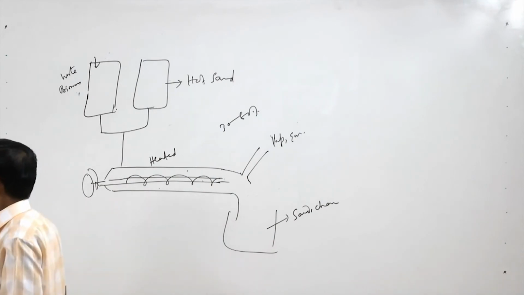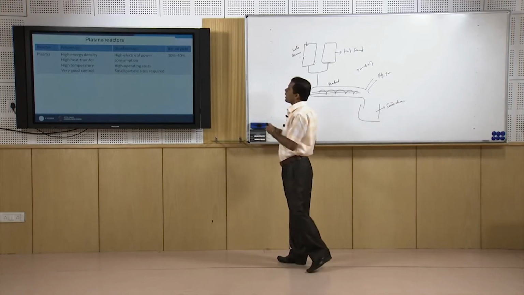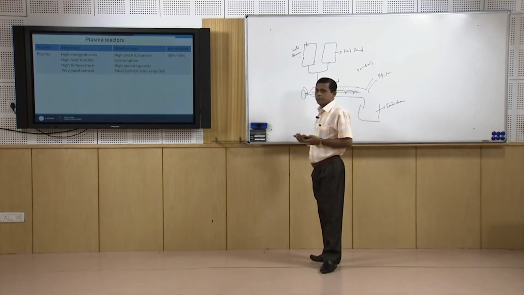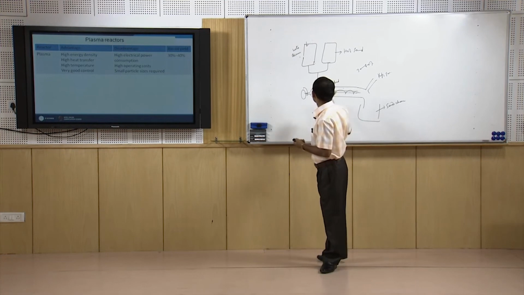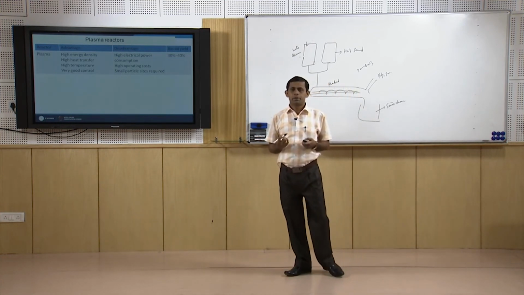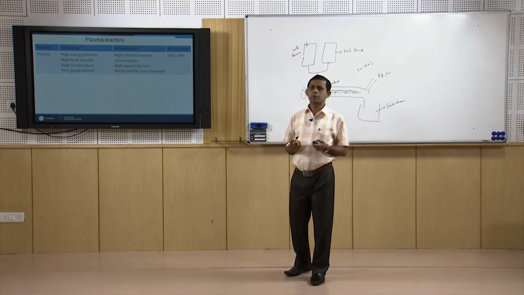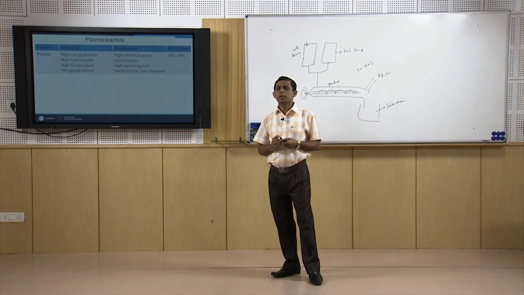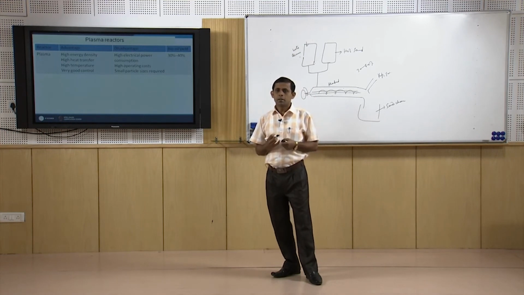Next we will go on to plasma reactors. After the ablative, rotary cone and screw reactors, people are trying to develop new types of reactors which may be more efficient, and just like plasma gasification, a plasma pyrolyzer is also being attempted.